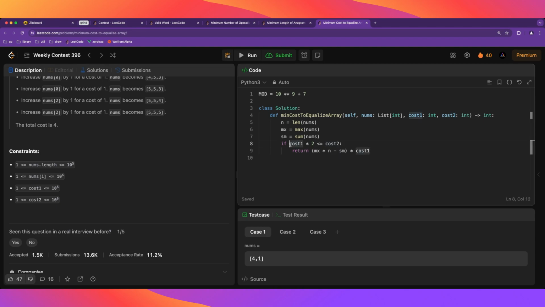And if it's 2, when we increment both of them, we are not decreasing their difference, so we're not making progress towards making them the same. So we can also say this: if it's less than or equal to 2, we just do cost 1. We're forced to do cost 1, right?